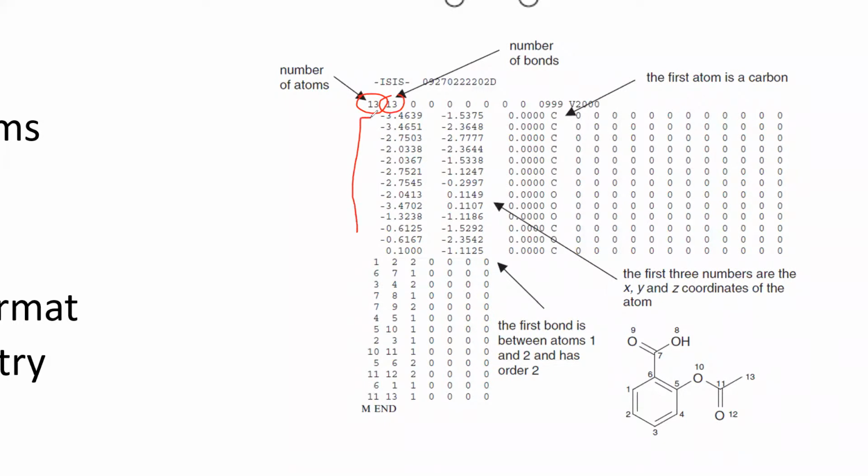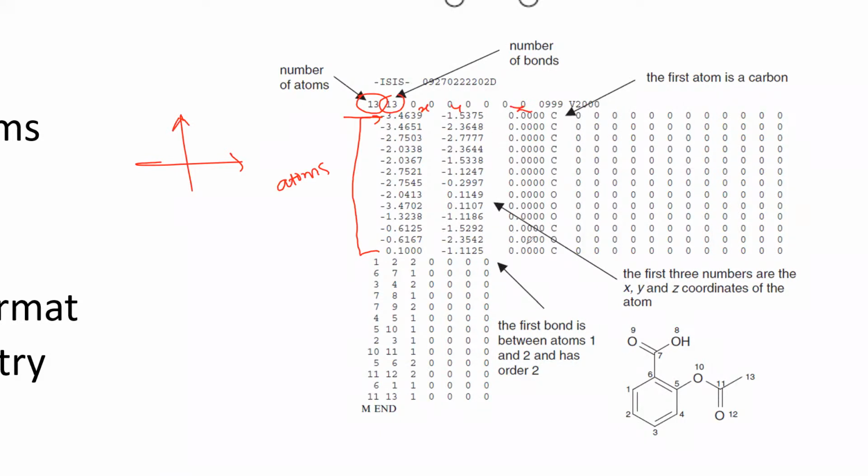Then the next few lines represent the atoms. Every atom is represented on a single line. I'll show you what information is there. This is the first atom. The first value is the x coordinate. The second value is the y coordinate, and the third column is the z coordinate.